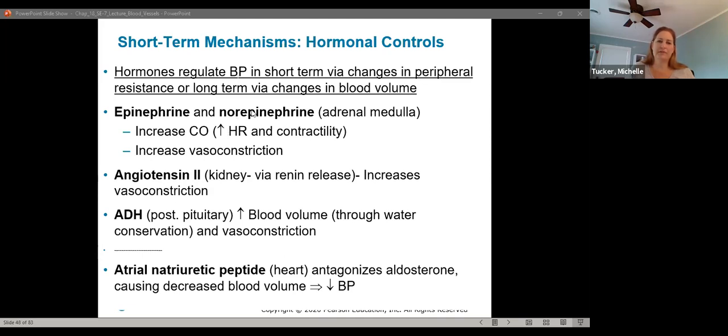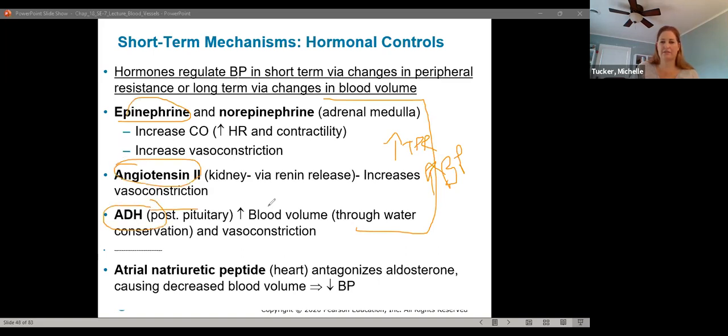So epinephrine, norepinephrine, angiotensin II, and ADH all increase TPR and therefore increase blood pressure. Okay, so you have 1, 2, 3 factors that are hormones that can increase blood pressure.